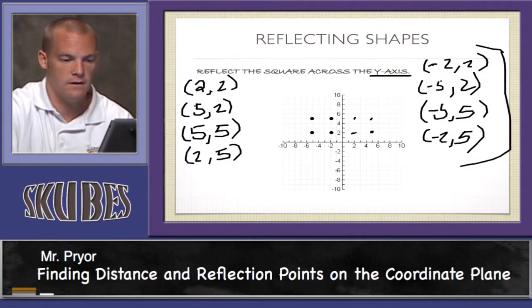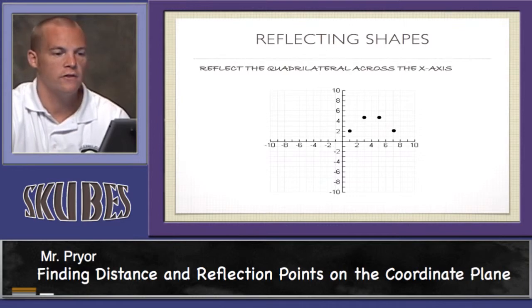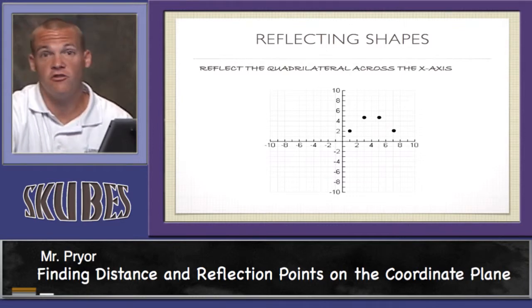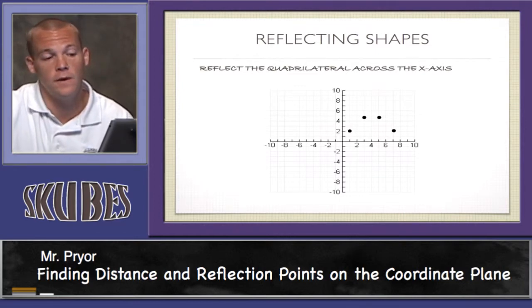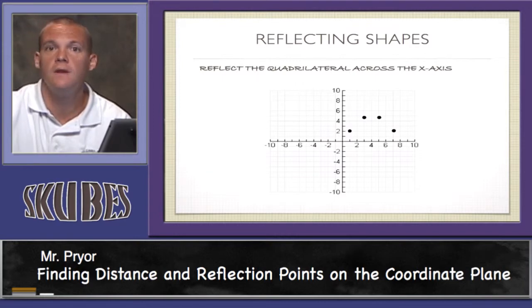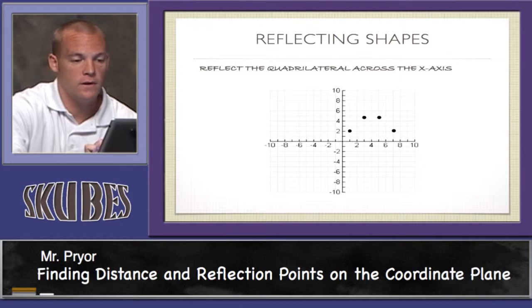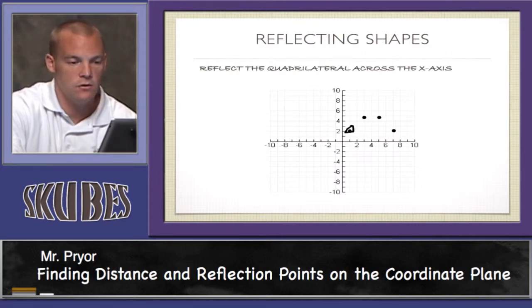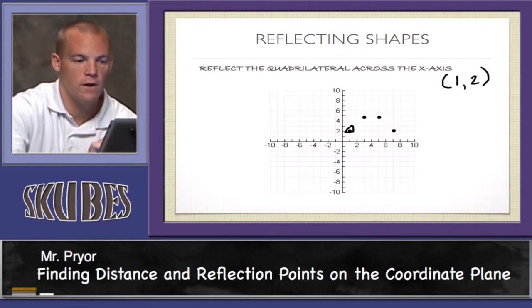All right. Let's take a look at another one of those. This time they want you to reflect this quadrilateral, which appears to be pretty much a trapezoid, okay? This time they want you to reflect it over the x-axis, but we're going to use the same strategy as before. Let's go ahead and find our original coordinates first, then we'll make the modifications after that. So let's start with this point here, all right, the coordinates of that first point would be +1, +2, because we're going right 1 and then up 2.